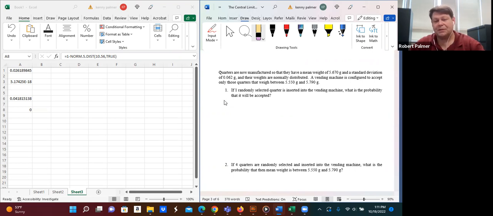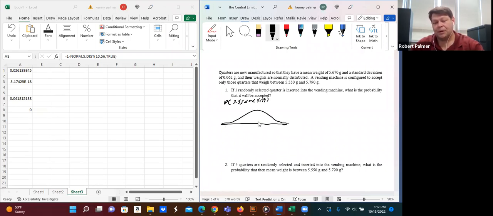So what we're going to do is based on the probability that our x, our weight, is between 5.55 and 5.79. Once again, we're assuming this is a normally distributed population.